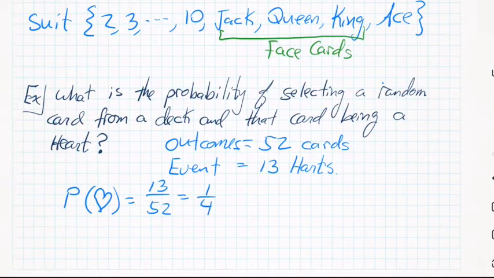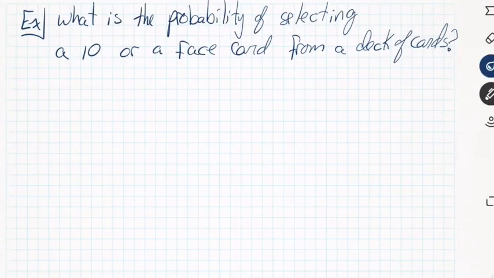So I want to use cards to introduce another type of probability. For instance, what is the probability of selecting a 10 or a face card from a deck of cards? The word I want to introduce here is this word or.